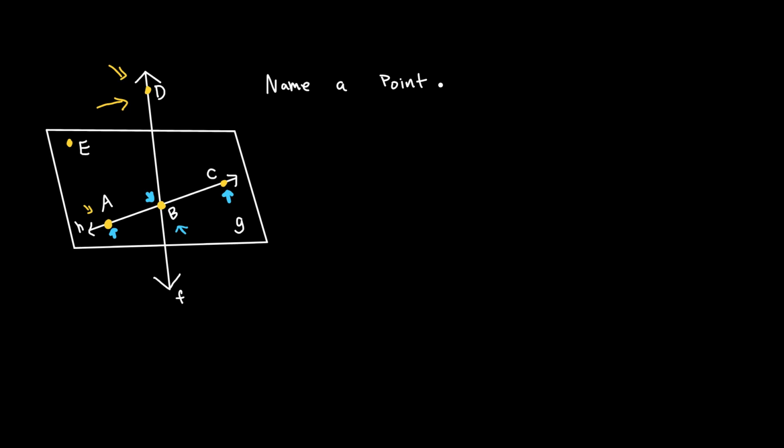Name a point that is not collinear with line AB. So let's look at our figure and find a point that is not collinear to AB.